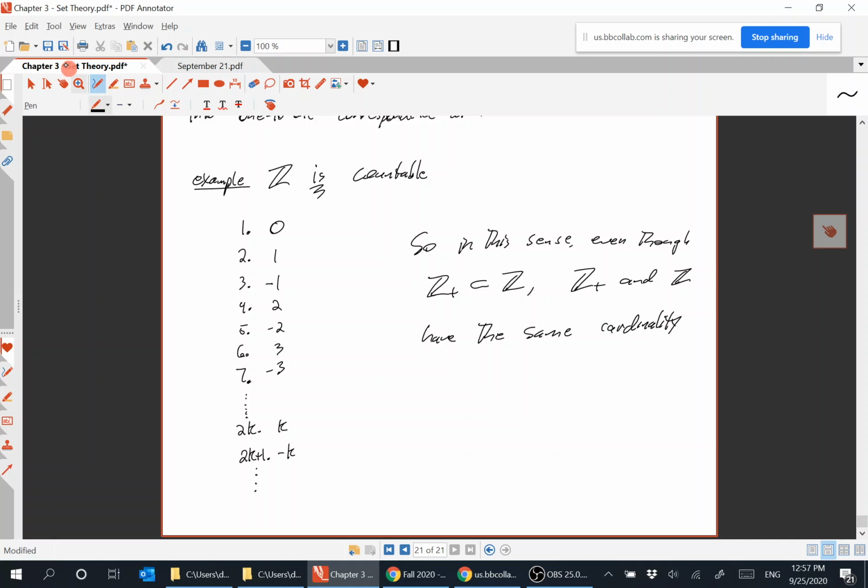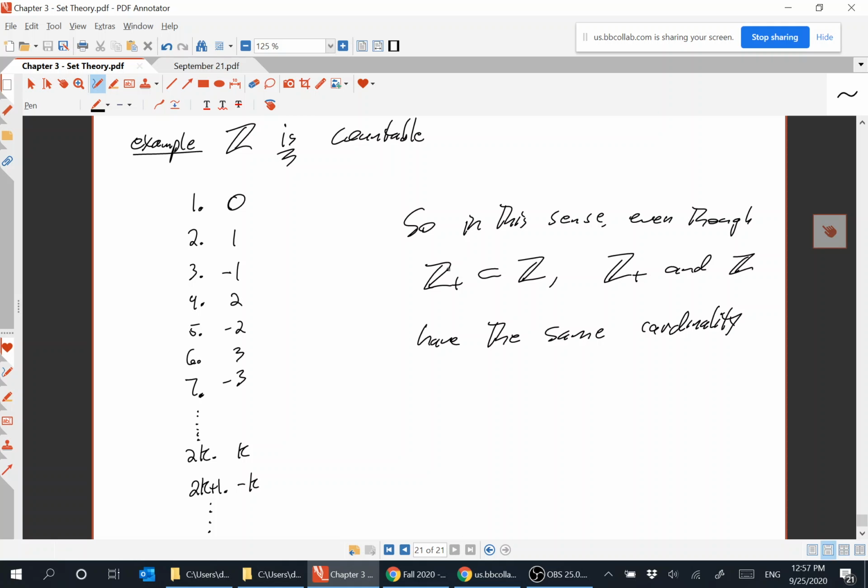In this sense, they have the same cardinality because I can match the elements together. Since the elements are matched together, cardinalities must be the same. I know one's a proper subset of the other, but that doesn't mean anything, because things are infinite, you can stretch stuff out as much as you need to.